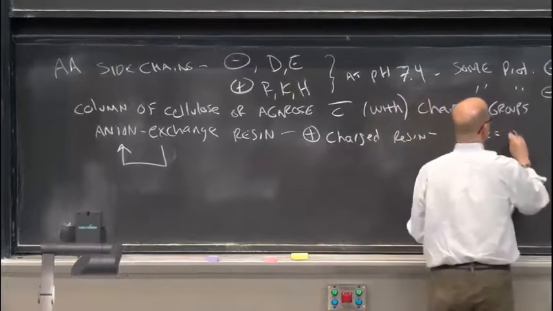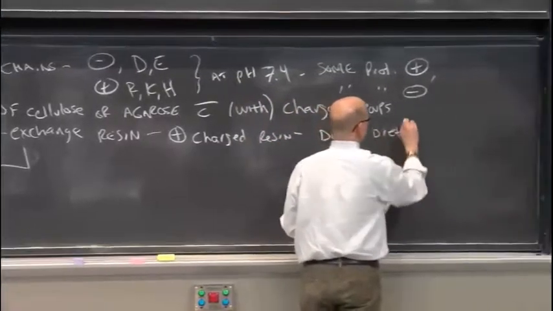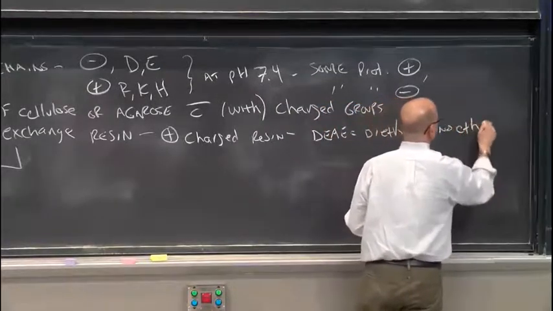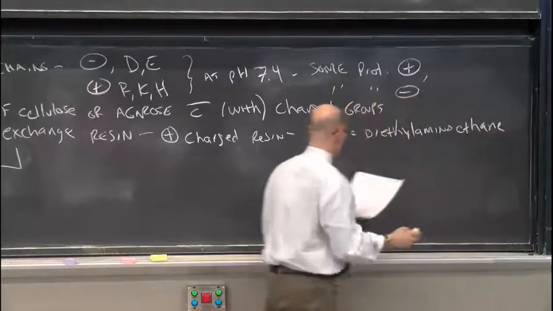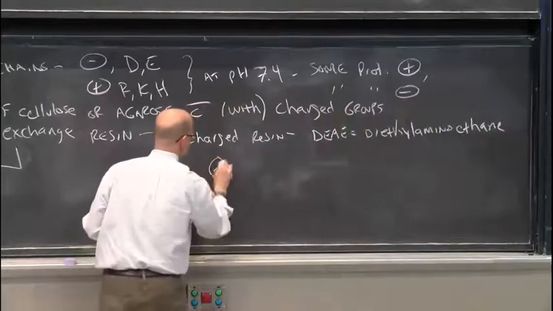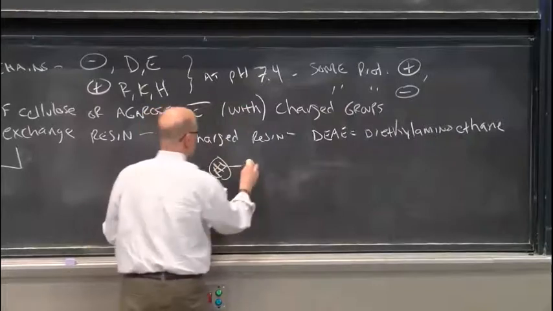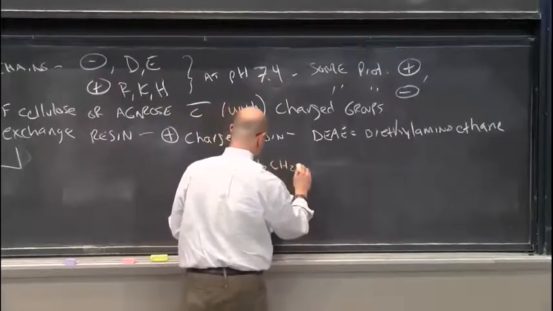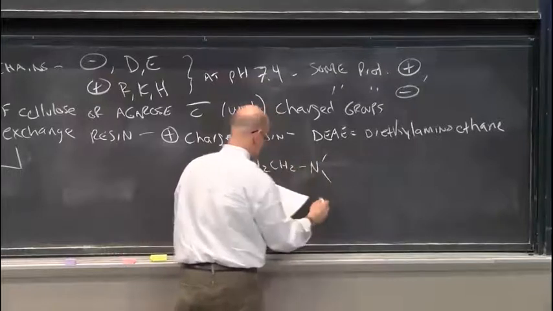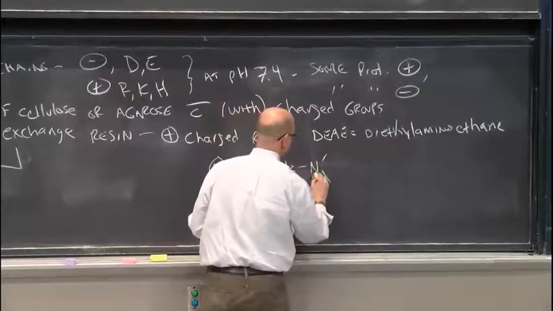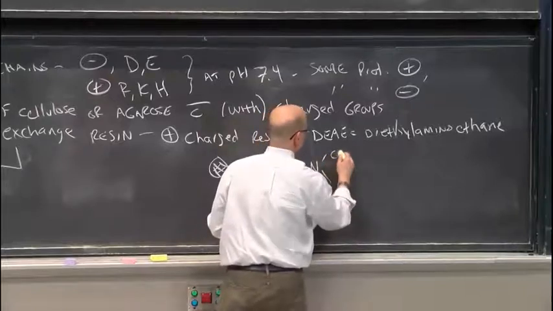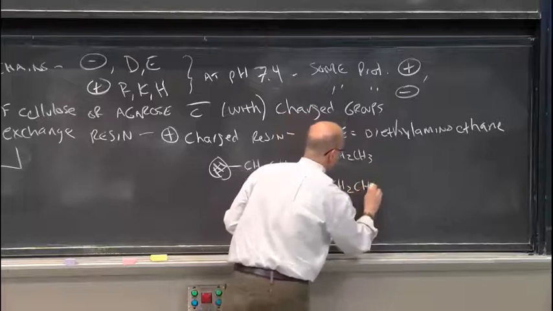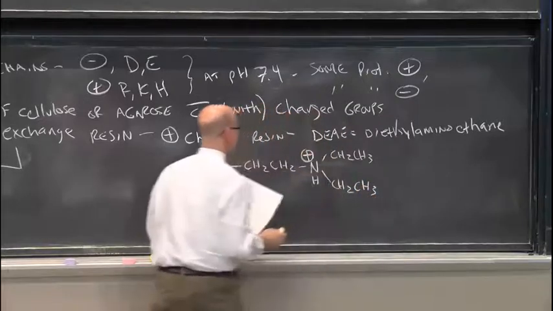And that's diethylaminoethane. Okay, and it's basically a bead. Here's my bead. And off of it are many, many charged groups. I'm only drawing one of them. It looks like this. N, H, okay.